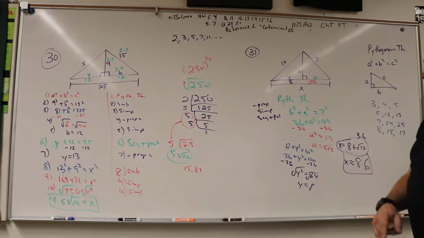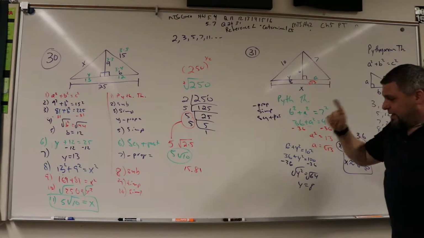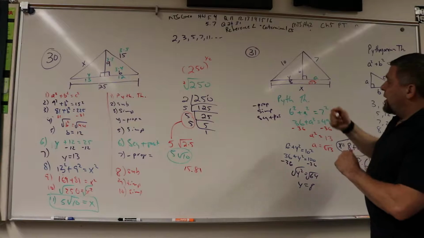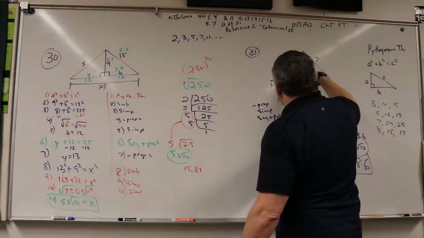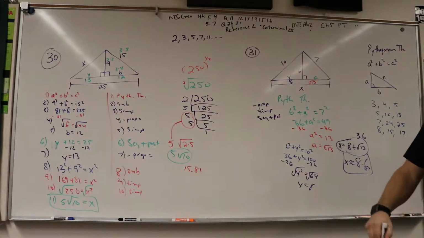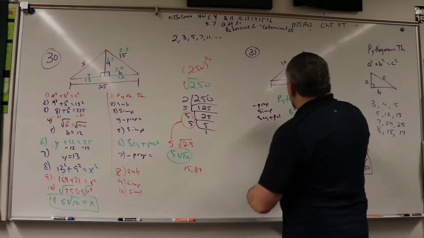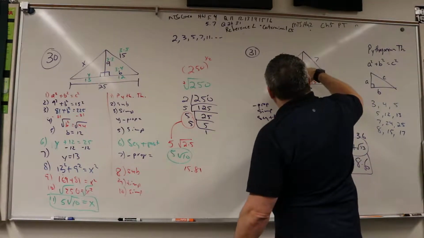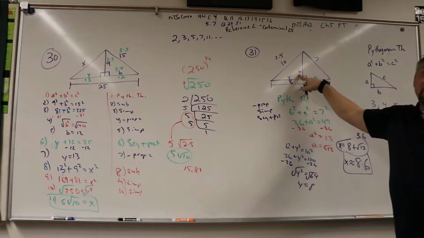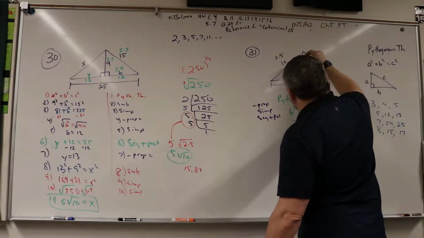Okay? Now think. How could I come up with 8? Think about this. If we think of 3, 4, 5, right? What times 5 is 10? Yeah, 2. Right? So, 2 times what is 6? 3. 2 times 3, right?